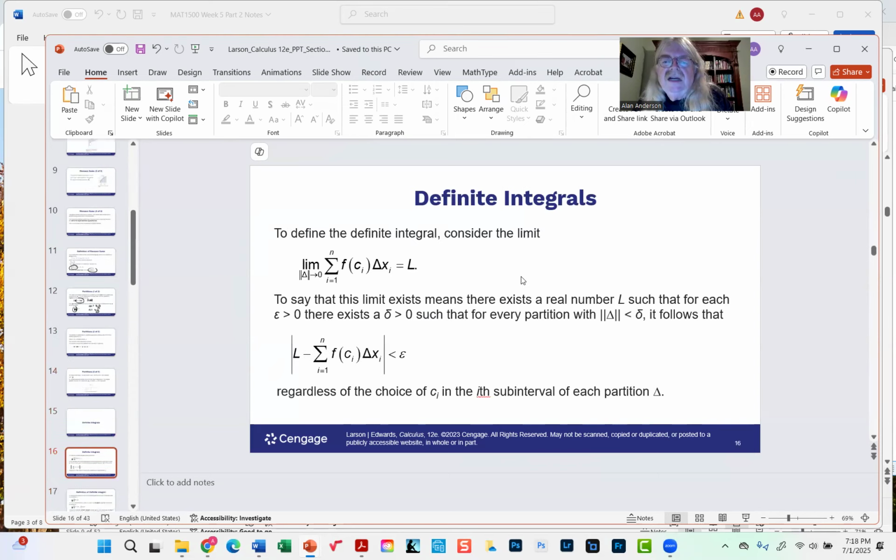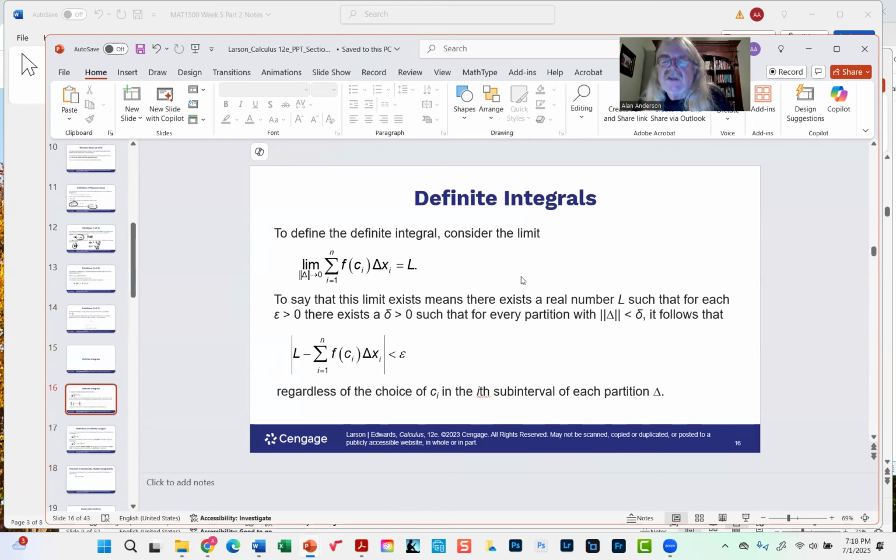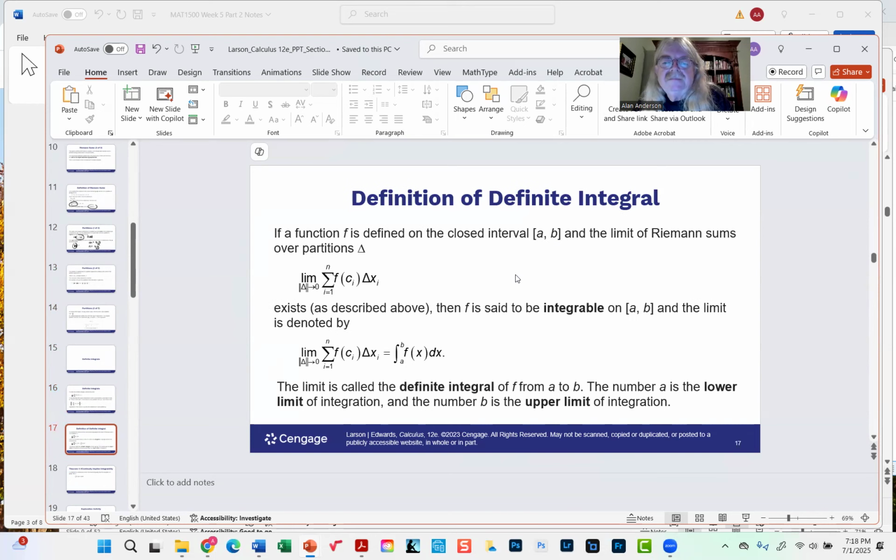All right, now looks like we're getting ready to actually calculate definite integrals using the rules of integration. And so the notation that we'll use is this. In other words, this is the heart and soul of what we're about to do.